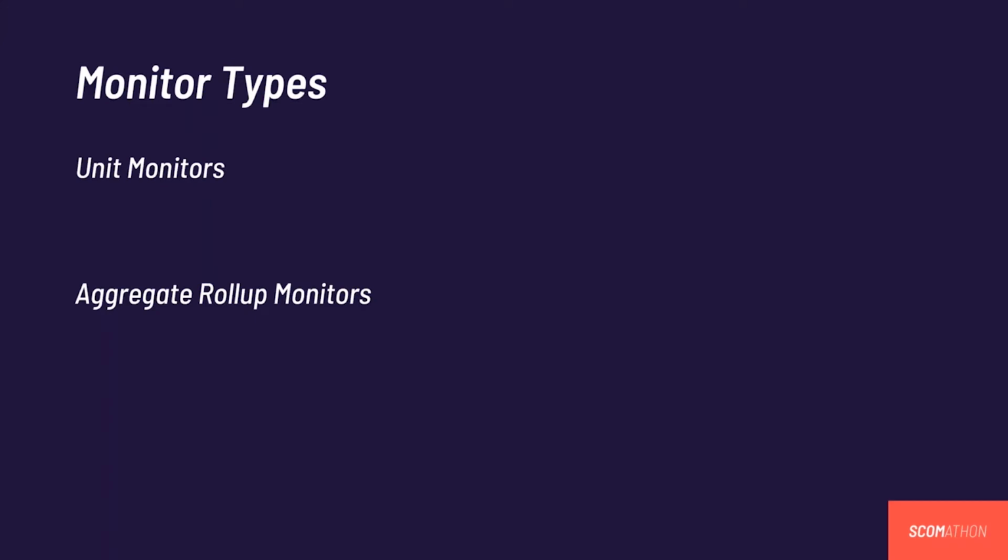They're called best of policies or worst of policies. For example, if you only want to change the health of the roll-up monitor when any of them is critical, then you will go for the worst of policy. Or if you want the monitor to stay healthy as long as any one of the children is healthy, then that is the best of policy. So you've got that customization available at this point.